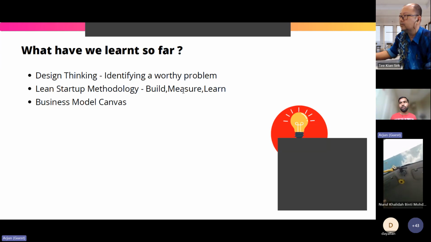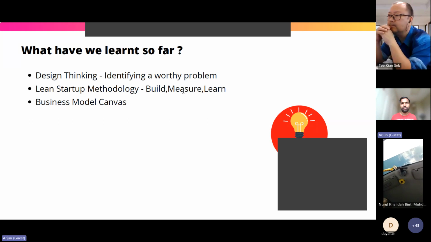And then we learned about the lean startup method. In the lean startup method, we learned that building a startup, building a business, is highly uncertain, so we need some way to systematically address these uncertainties. We saw a framework called build, measure, learn.